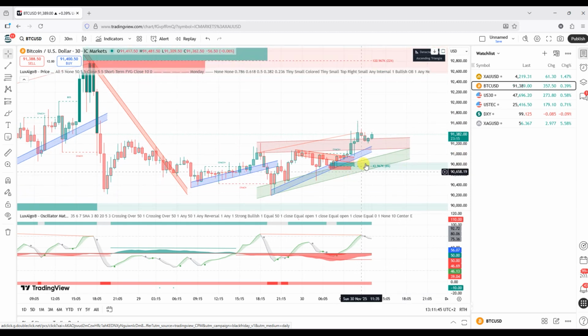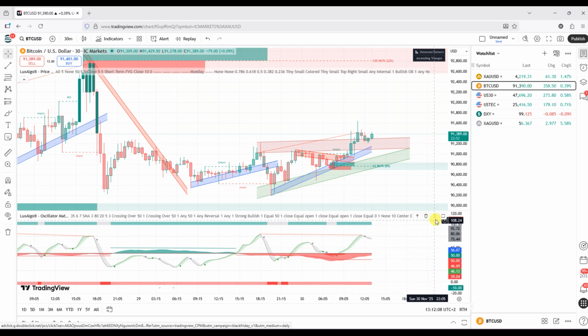I will not go for a buy till this upper trend line or this pattern is broken. I would wait for the oscillator matrix volume to go dark green. I would wait for the money flow index to come in green. I would wait for the lower volume profile of red, meaning selling, to go gray.